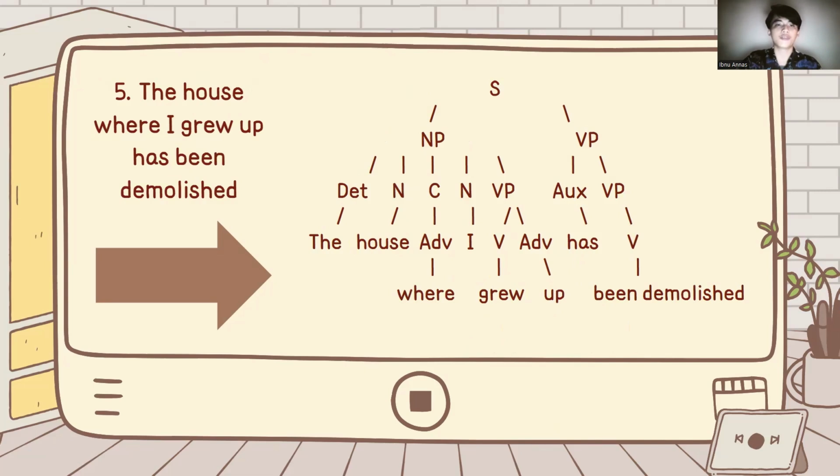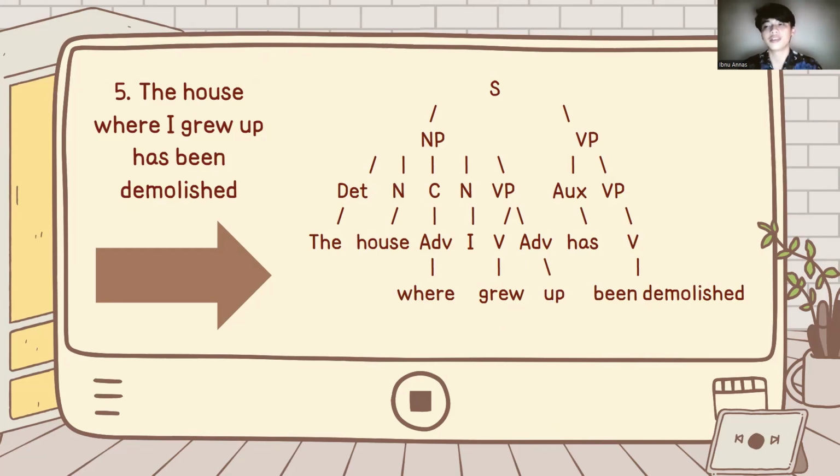And the last one, number five: The house where I grew up has been demolished. The subject is the house where I grew up. It includes another relative clause, where I grew up, to describe the house. And the main verb is has been demolished.